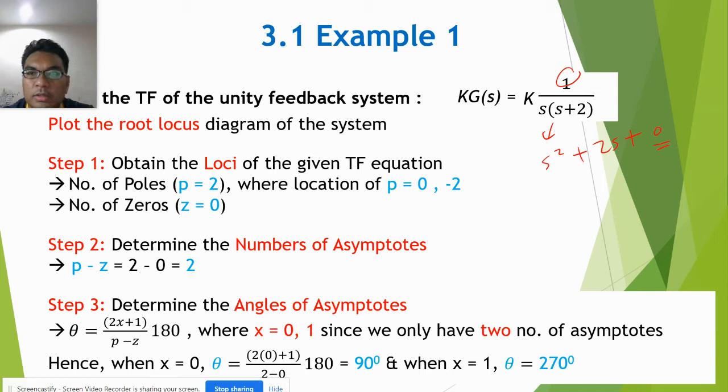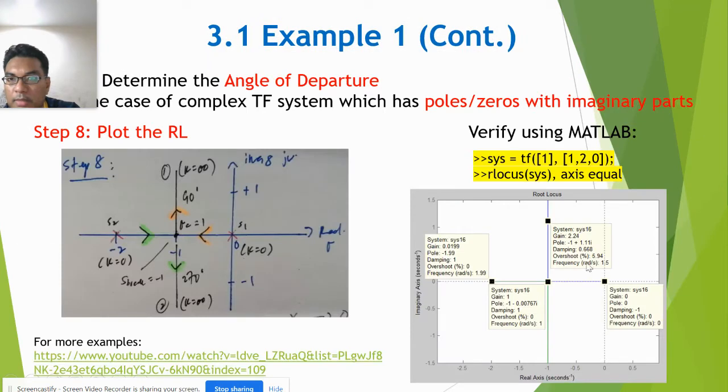There is no constant term here, so that's why we write the transfer function as 1 over [1 2 0]. So it becomes like this.